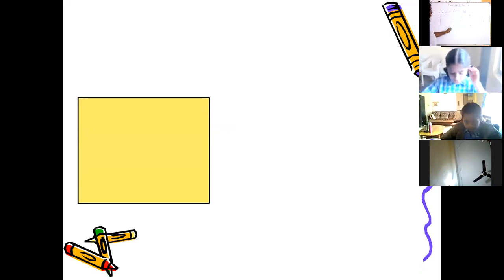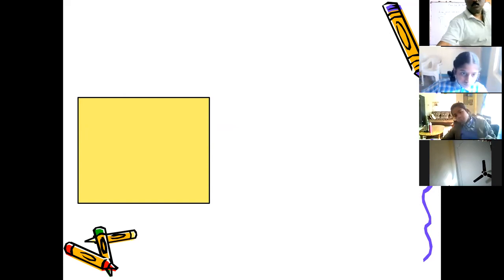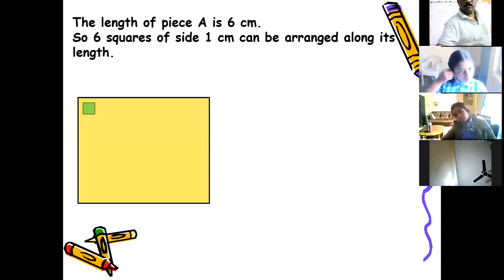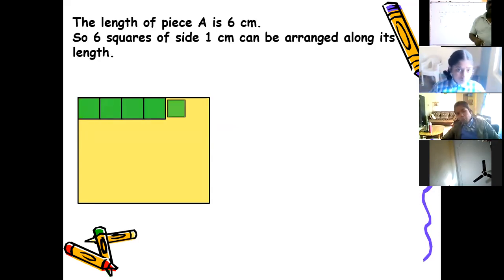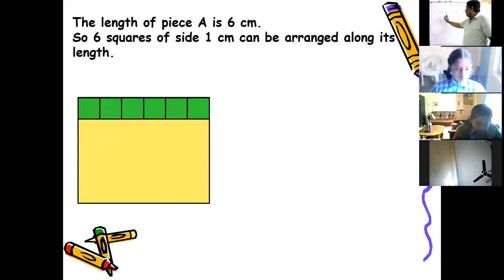See, 6 and 5. Let us divide the first one into small squares of 1 centimeter by 1 centimeter. So 1 square centimeter small slices. See, 1, 2, 3, 4, 5, 6.